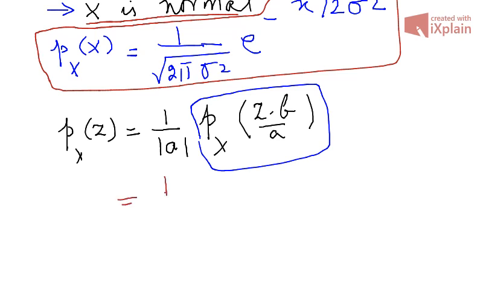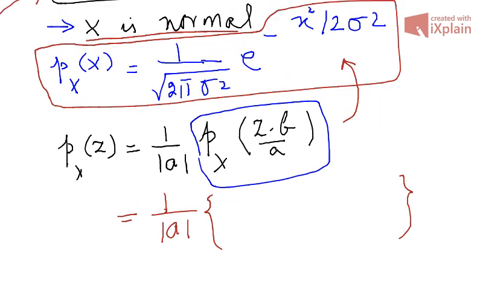We can write it in this form: 1 over mod a, and we write this PDF with the help of the above expression. Now keep in mind, we just need to replace this x by the value which is available here.